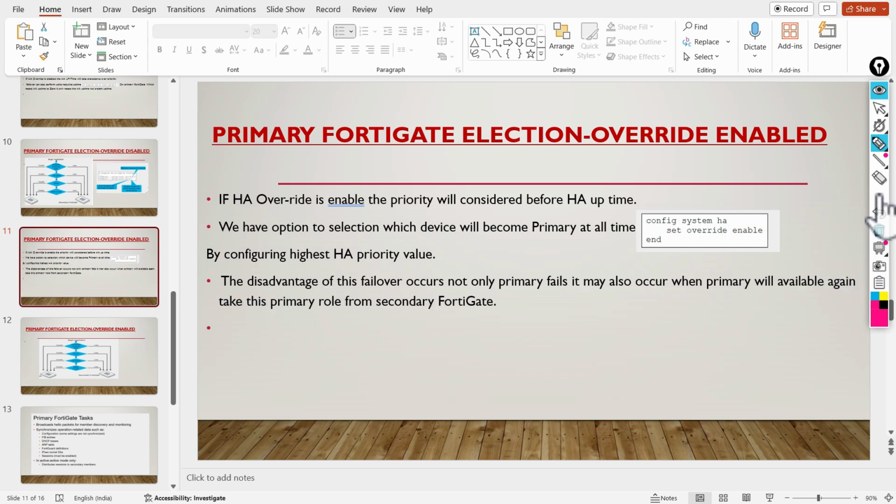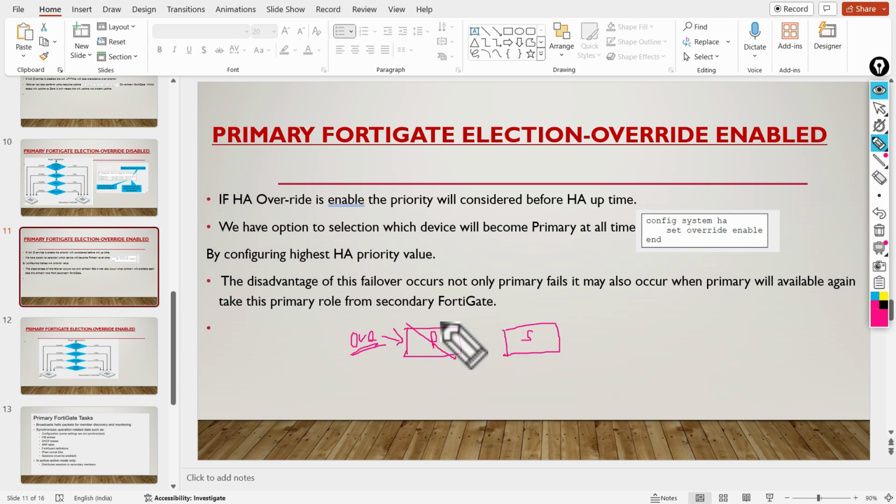But there is also a disadvantage of this configuration. The disadvantage is that failover occurs not only when the primary fails, it may also occur when the primary becomes available again to take the primary role back from the secondary FortiGate. It means that we have this primary FortiGate and this secondary FortiGate. Now we enable override, so we explicitly define that this FortiGate firewall will become the primary at all times.